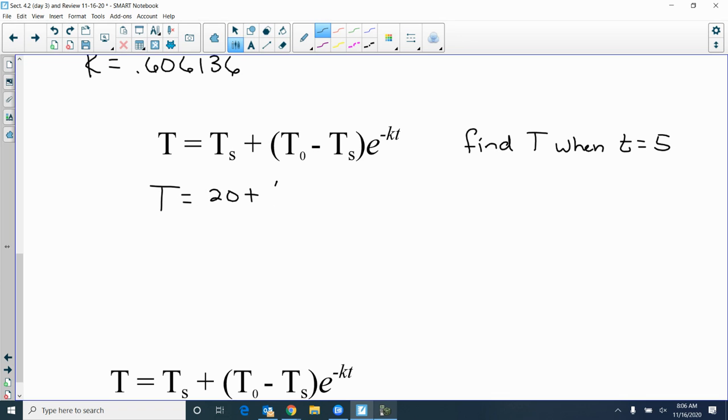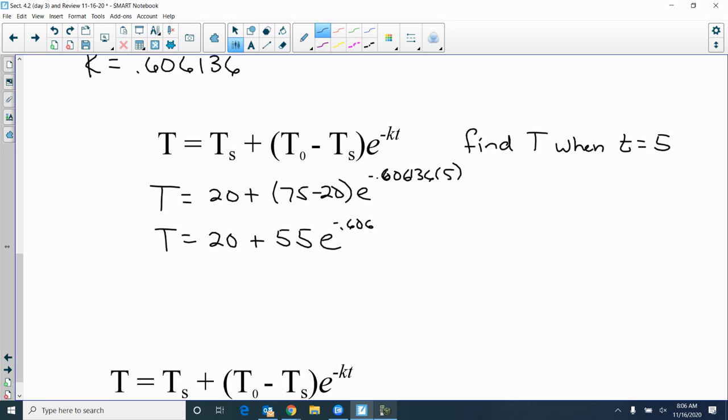plus 75 minus 20, which is 55. You can just write that. e to the negative 0.606136 times 5. And so I get T equals 20 plus 55 e to the negative 0.606136 times 5. All right, just type that all in your calculator. Round it to the nearest hundredth, for this case; my book has an answer to the nearest hundredth.